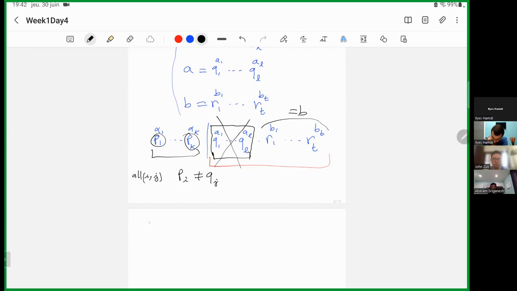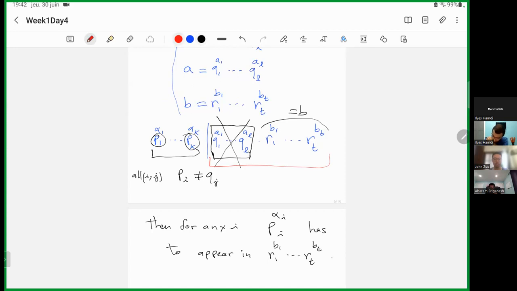So for any I, Pi to the alpha I has to appear in R1 to the B1, up to RT to the BT, right? Why is this?